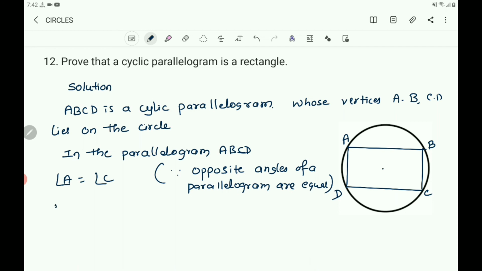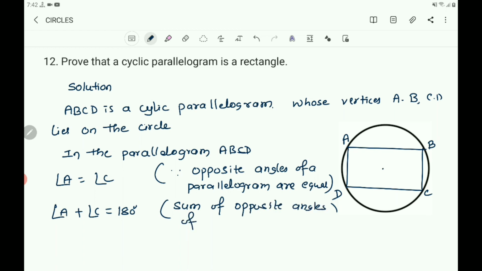And also you know that angle A plus angle C equals 180 degree because it is a cyclic quadrilateral. Sum of opposite angles of a cyclic quadrilateral is 180 degree.